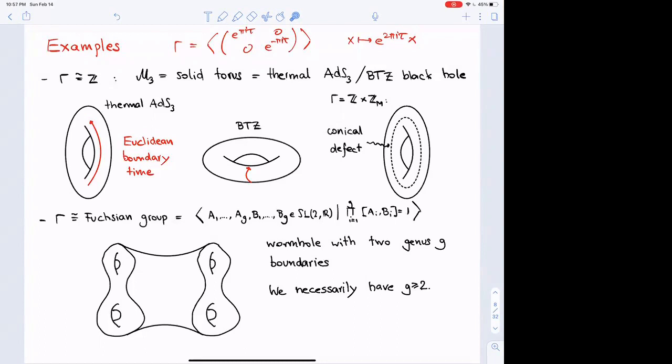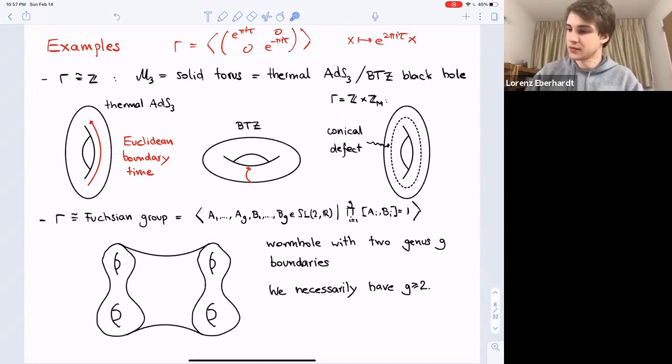Good. So for this group, we just get a donut, a solid torus. Since we're doing Euclidean geometry, we have a choice of our time. You choose your boundary time to be one direction. You can either choose it to be this cycle, which is non-contractible in the bulk, or you can choose it to be this cycle, which becomes contractible in the bulk.